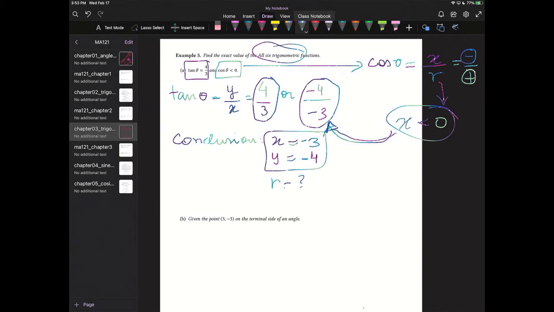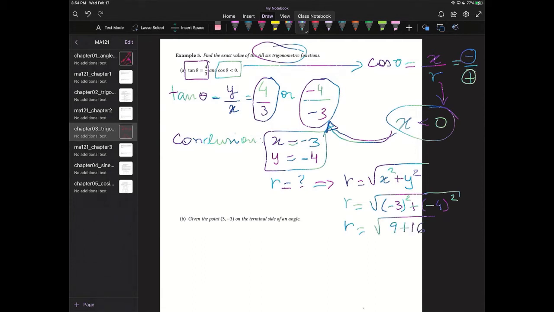We can compute r by using the Pythagorean theorem, which tells me that r is the square root of x squared plus y squared. If you plug in the numbers I figured out, -3 for x and -4 for y, and do the computation, we have the square root of 9 plus 16, so that's the square root of 25.